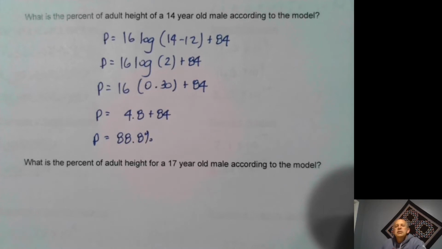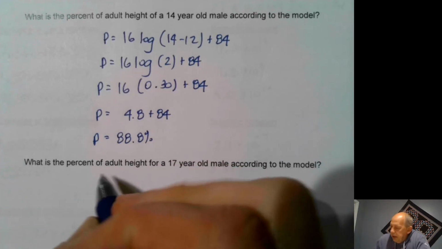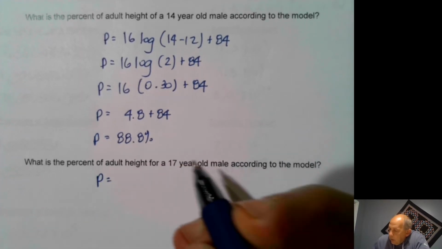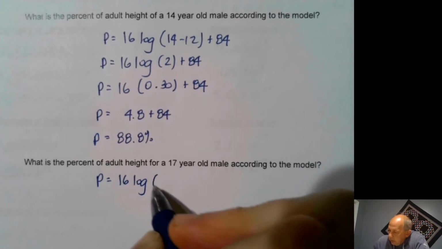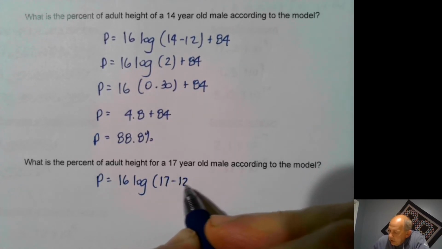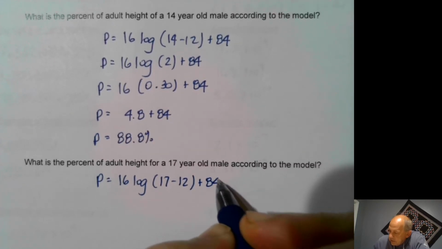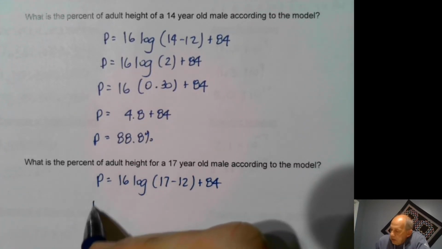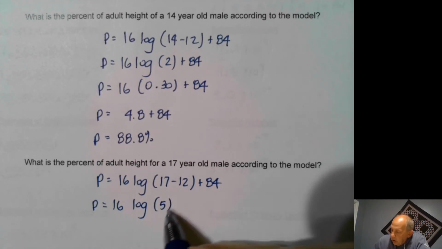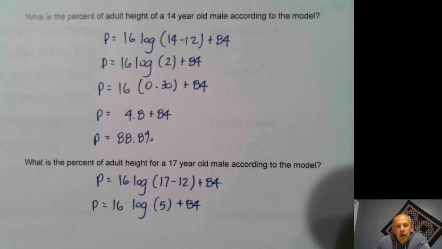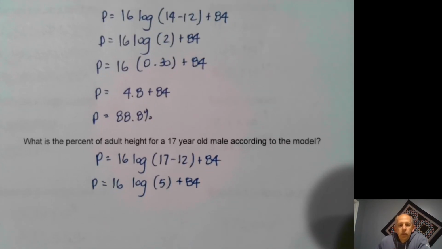We're going to do the exact same thing, except we are going to apply this model for a 17-year-old male. Percent adult height, in this model, instead of 14, I'm going to plug in 17. 16 log of 17 minus 12 is 5, and I'm going to add 84.